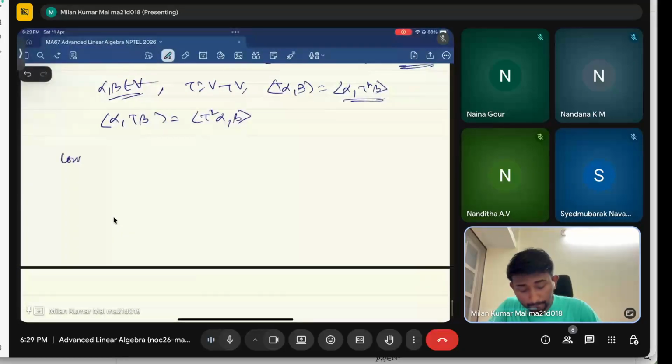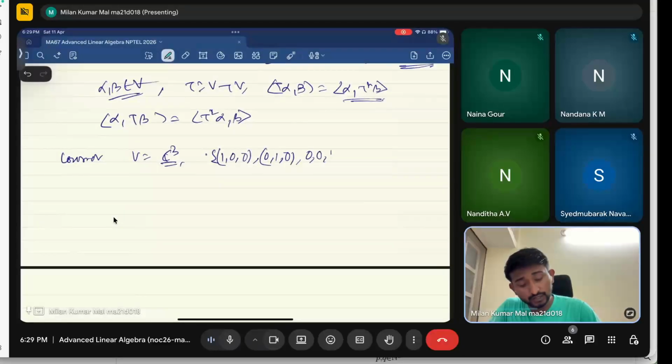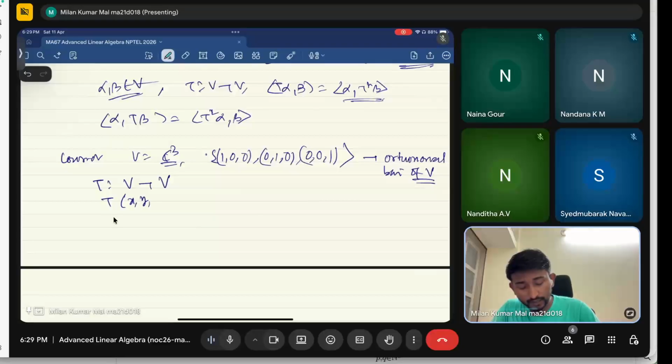Consider V equal to C3. We know that (1,0,0), (0,1,0) and (0,0,1) is the standard orthonormal basis of the vector space V over C. Let's take T to be the linear operator from V to V mapping (x,y,z) to (x,0,0).